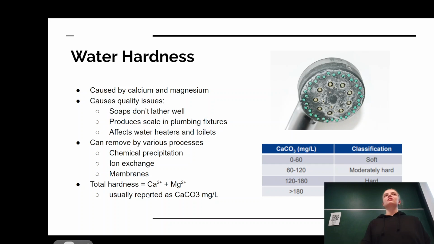Sometimes in your questions you'll be asked to calculate total hardness of the water. That's the number of moles of Ca2+ ions plus the number of moles of Mg2+ ions, often reported as CaCO3 in milligrams per litre.